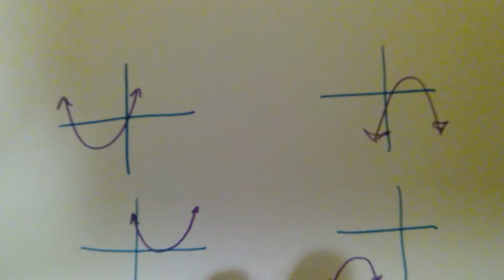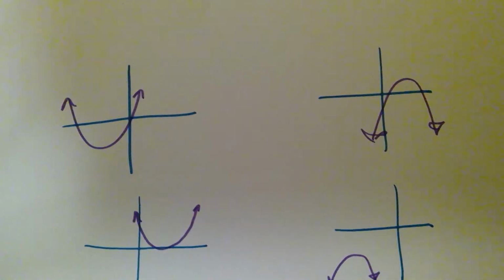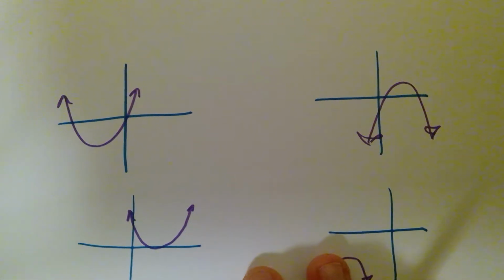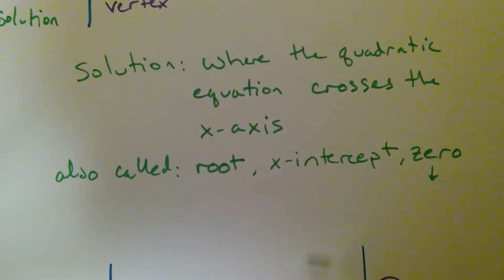Okay, so let's look at this first graph. Now, the solutions, we'll highlight in green, because that's what we've been doing so far. Remember, a solution is where we cross the x-axis.